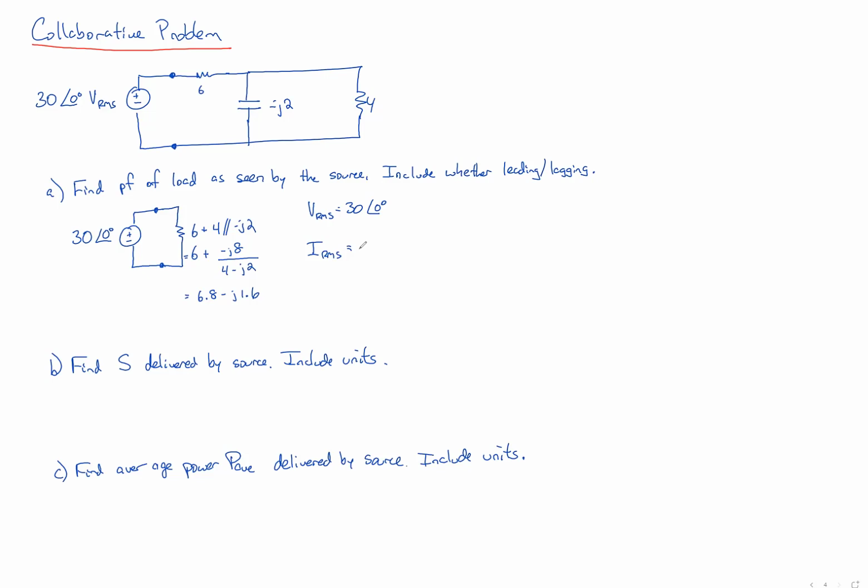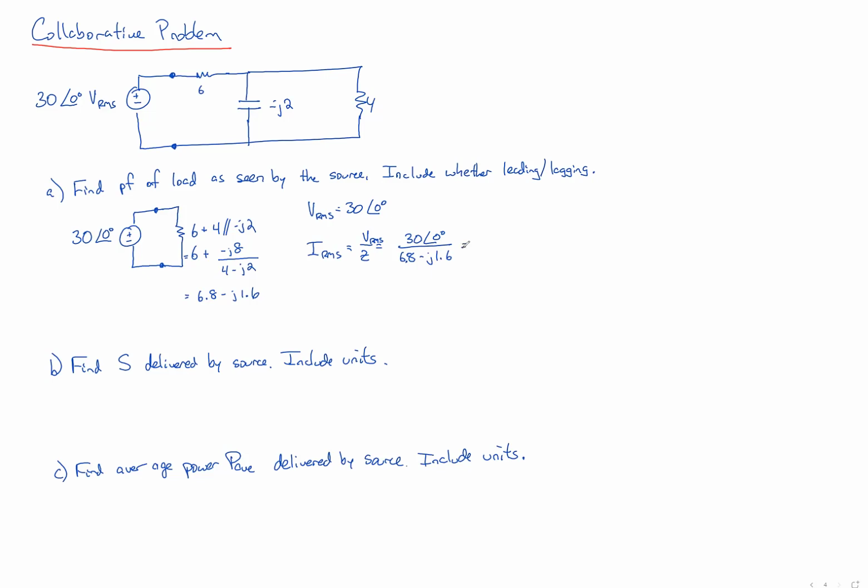And DJ, what is that? Wouldn't it be I equals 30 over whatever your impedance is? That's it. So it's 30 at an angle of 0 all over 6.8 minus J1.6.